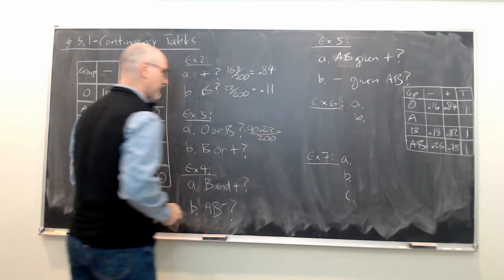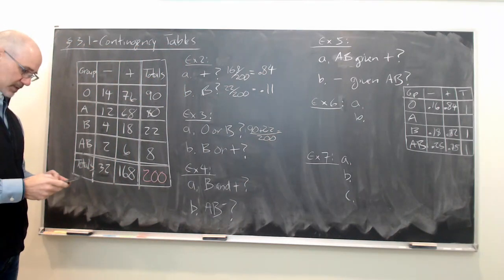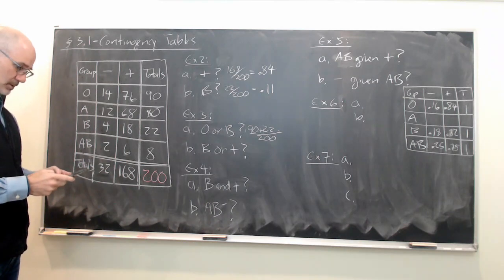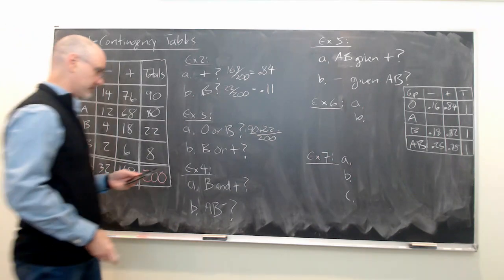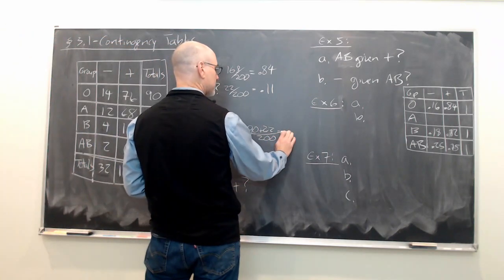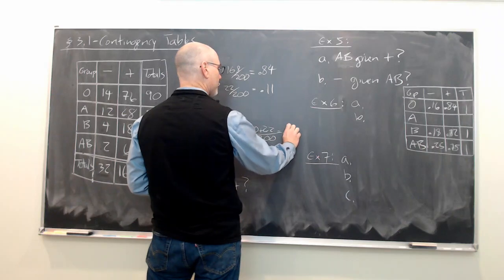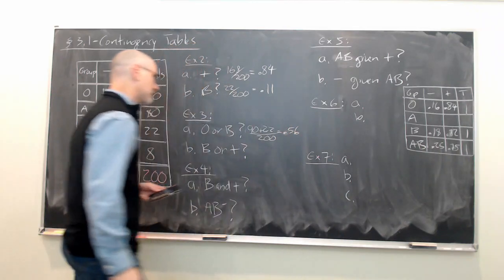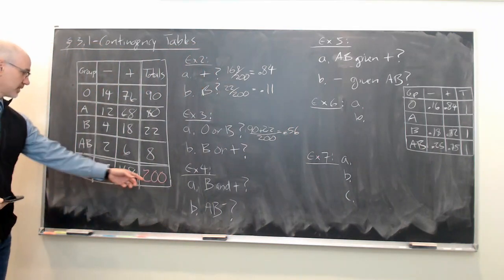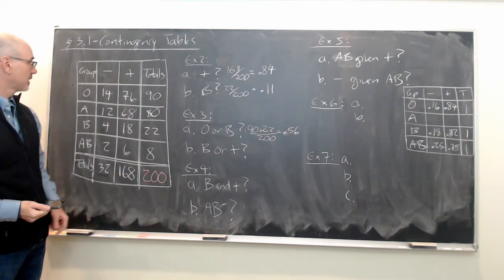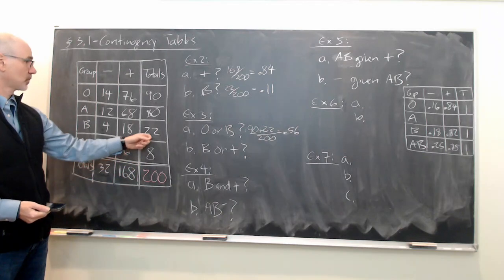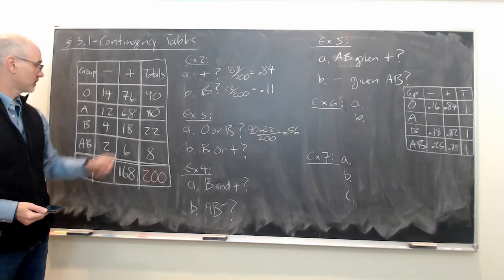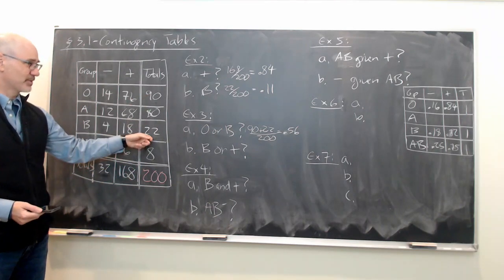That comes out to about 56%. So out of all the people that we have blood types for, there are 90 plus 22 that are either O or B.